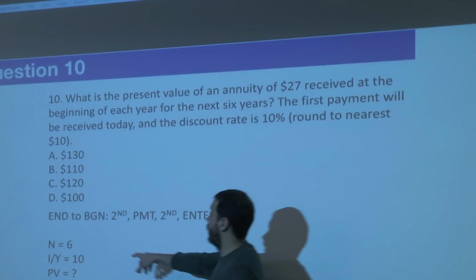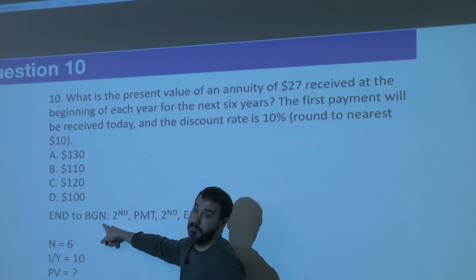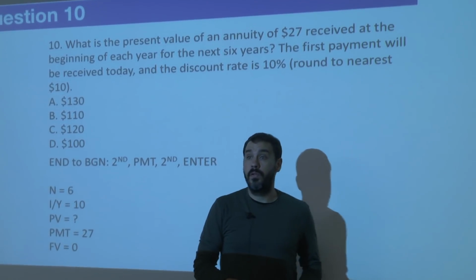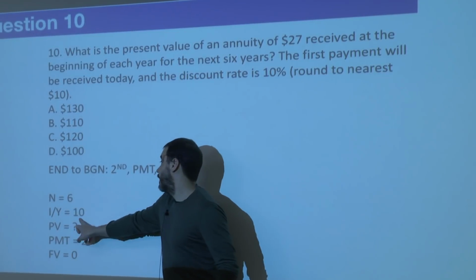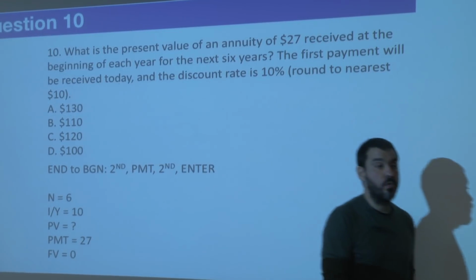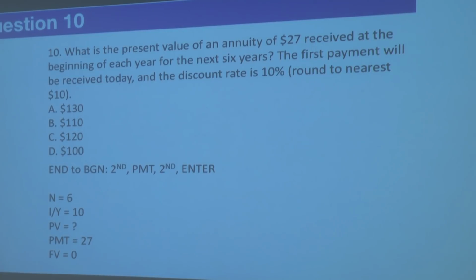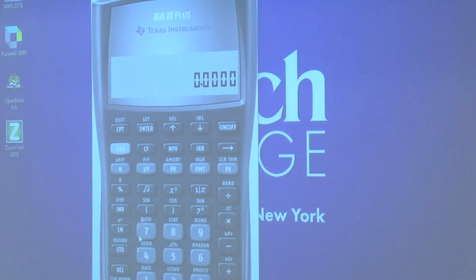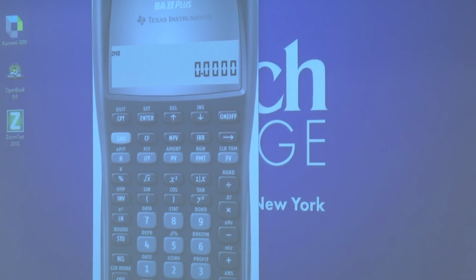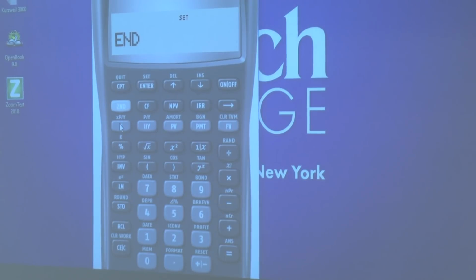You set the calculator to begin to compute the annuity due. Okay? 6 years, 10%, payment is $27, future value is 0, and you solve for the present value. Let's do it. Second, begin.